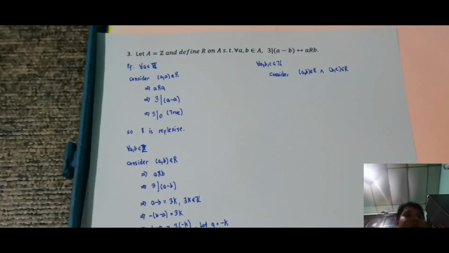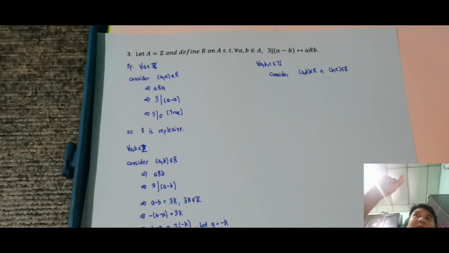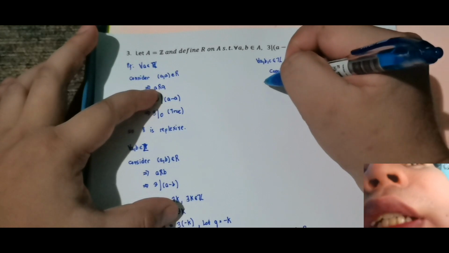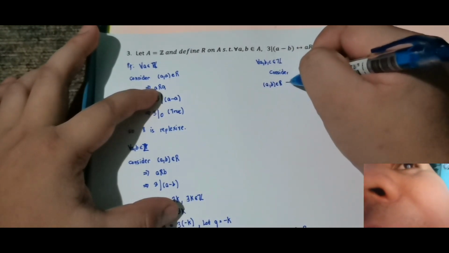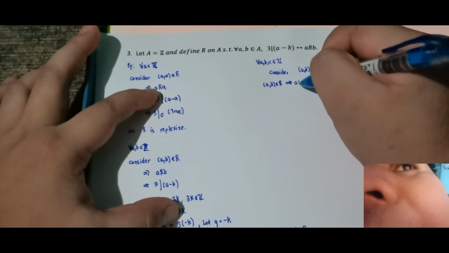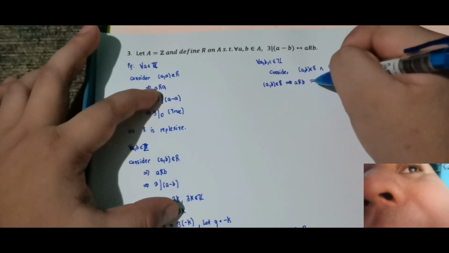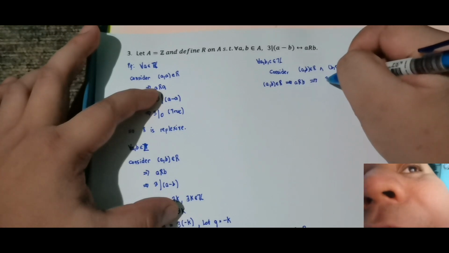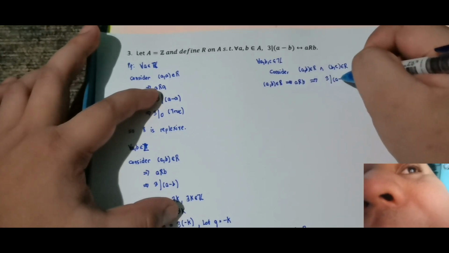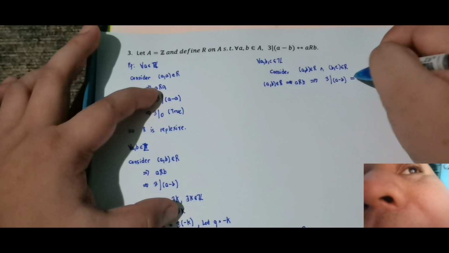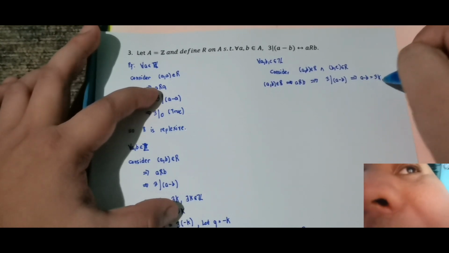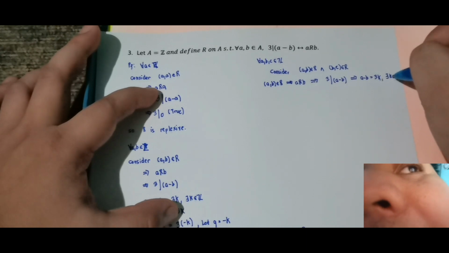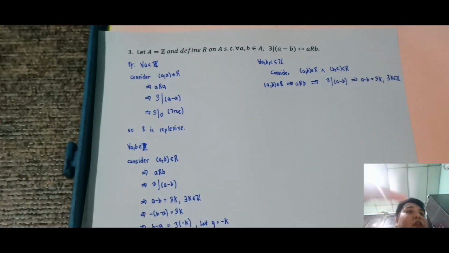So, ang mangyayari diyan, A, B element of R. This implies that A is related to B, which implies na 3 divides A minus B, which implies na A minus B is equal to 3K for some K element ng integer. So, inayos ko lang, para makita ninyo.